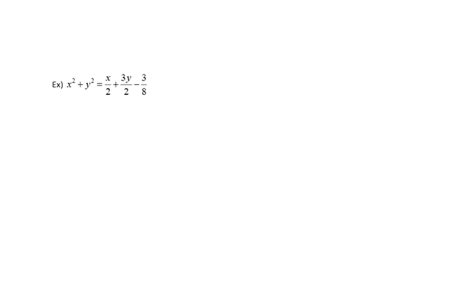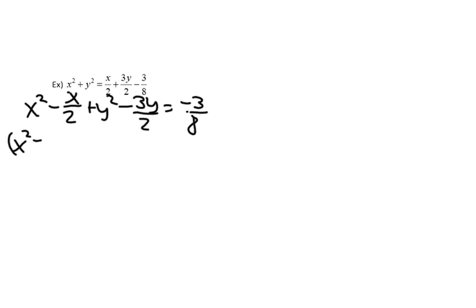So first off, let's get everything on the left side that's needed. So subtract x over 2 on both sides and subtract 3y over 2 on both sides. I'm going to leave the constant of negative 3/8 on that side. Okay, so now I'm going to set this up by completing the square.